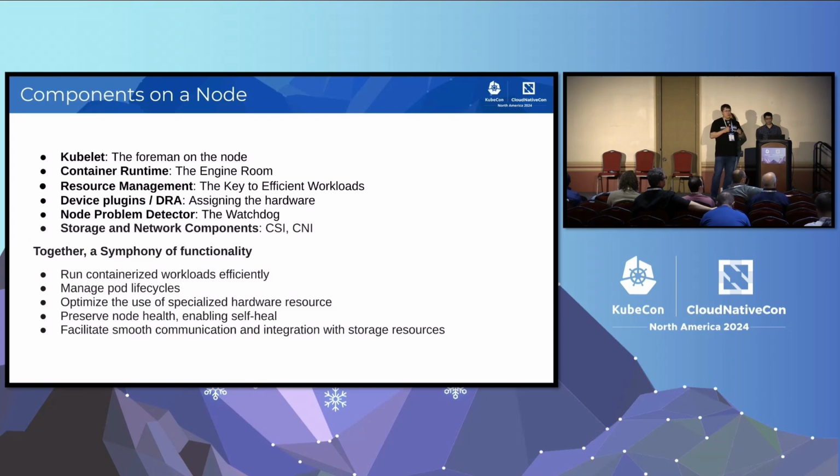We don't own them too much, but we own everything where the telemetry is going outside of Kubelet, and we review it. And then storage and networking components: how we operate with them, how we pass some callbacks, and how we tell them what's going on on a node. All those components are owned by one SIG, and it's such a huge set of components and a huge number of people working on all of that.